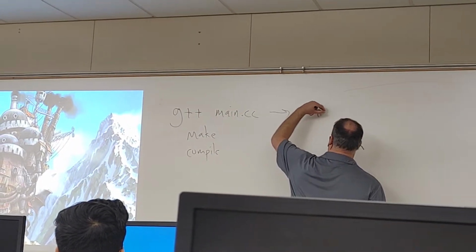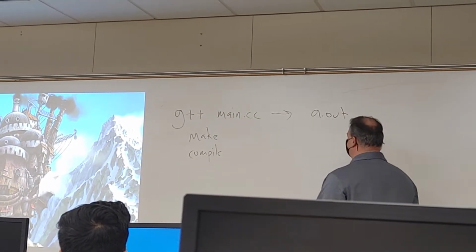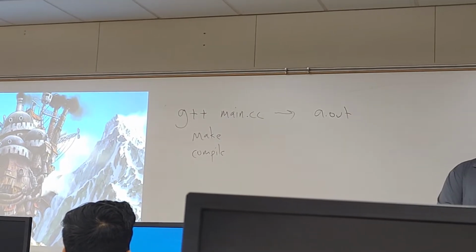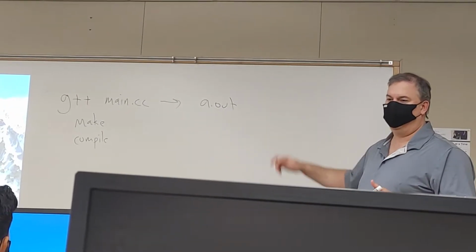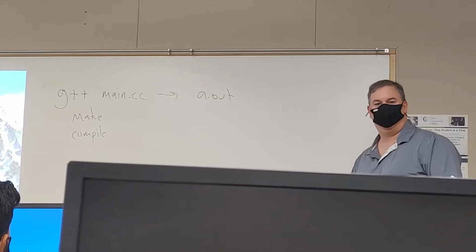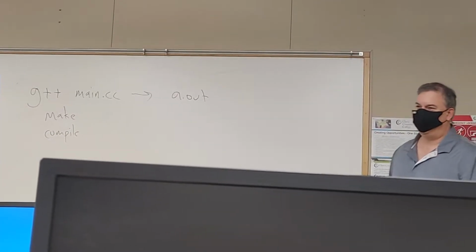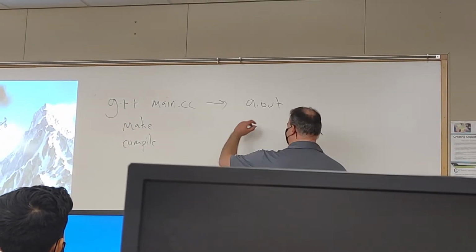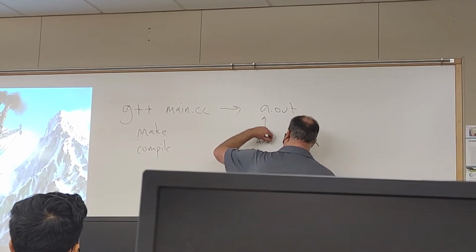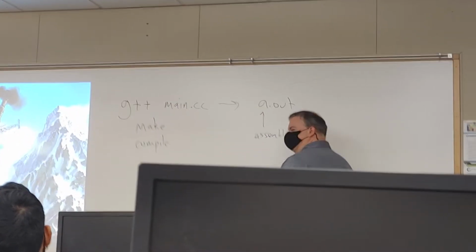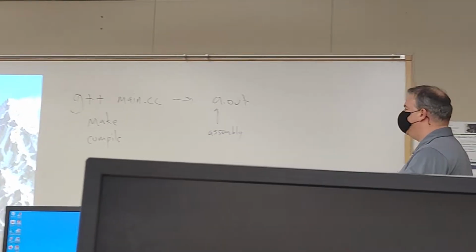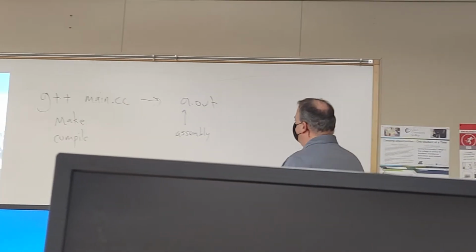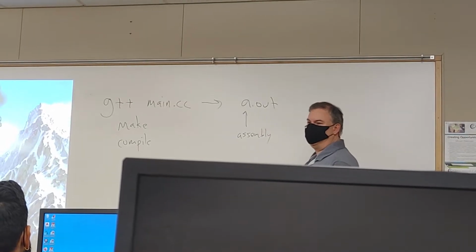But at the end of the day, you get some sort of executable, right? By default, an executable is called a.out, right? You guys all know that. You guys know why it's called a.out? Is the A assembly? A is assembly, that's exactly right. Very good. 1 point to Ravenclaw. All right, so yeah, that stands for the assembler output.